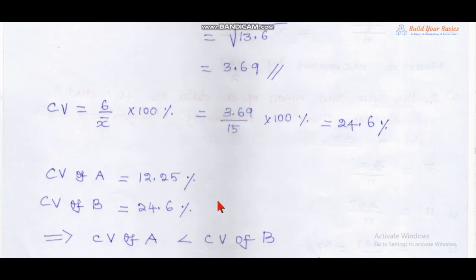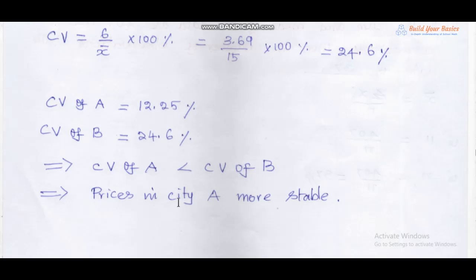The coefficient of variation of prices in city A is less than that of city B. That is, variation is less in city A. Therefore, prices are more stable in city A. We had to find in which city prices were more stable. Prices were more stable in city A. That's all.